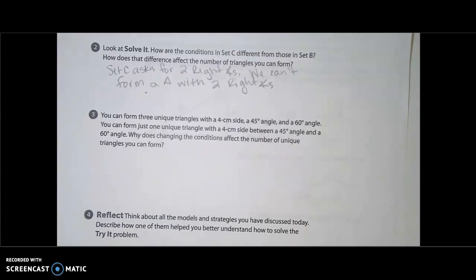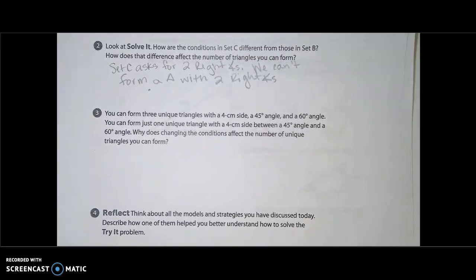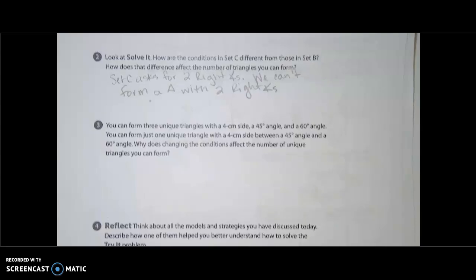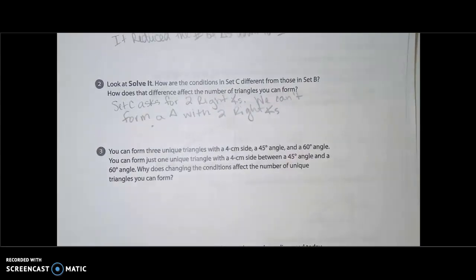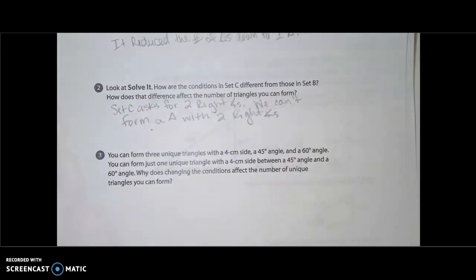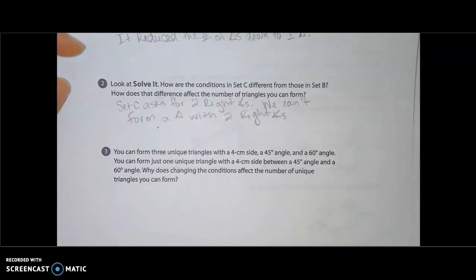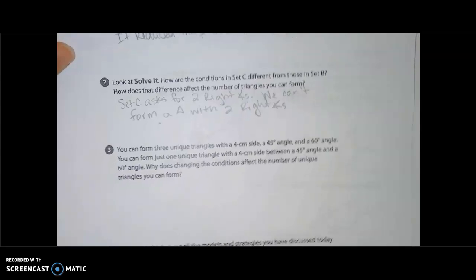All right, number 3. You can form 3 unique triangles with a 4 centimeter side, a 45-degree angle, and a 60-degree angle. You can form just 1 unique triangle with a 4 centimeter side between a 45-degree angle and a 60-degree angle. Why does changing the conditions affect the number of unique triangles you can form?